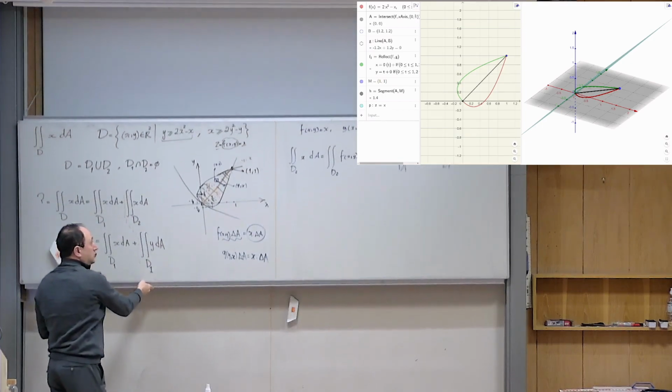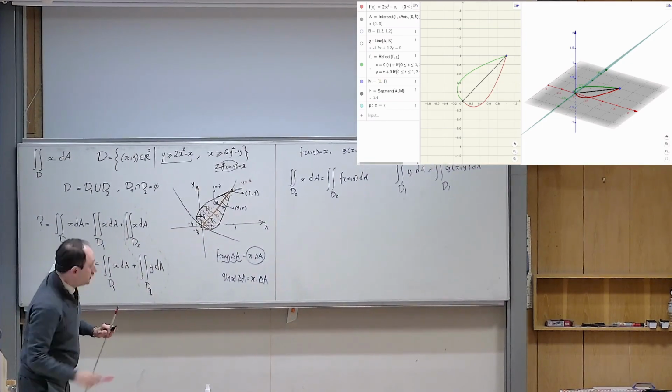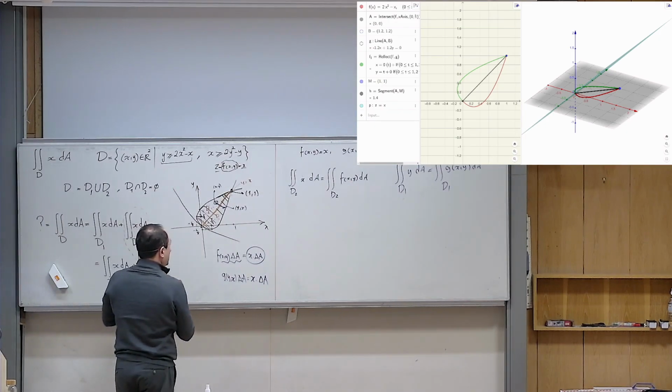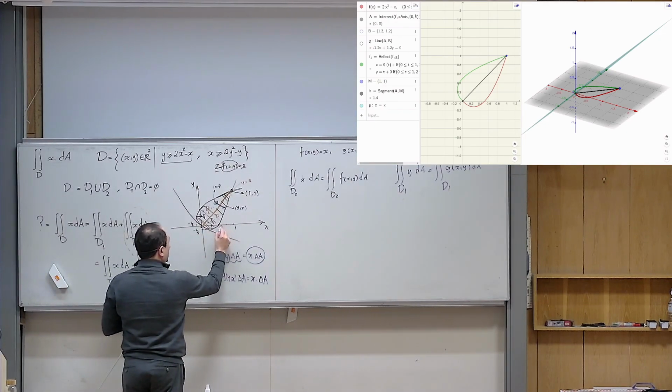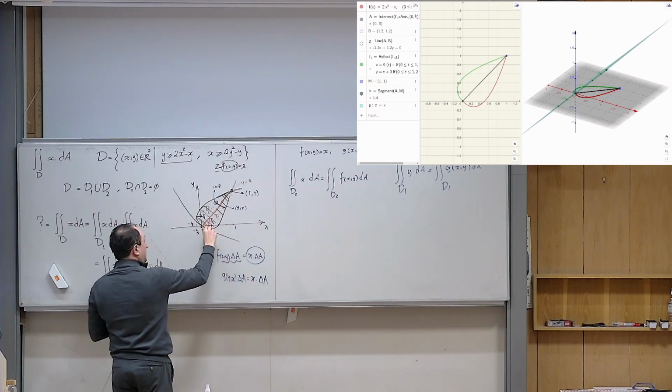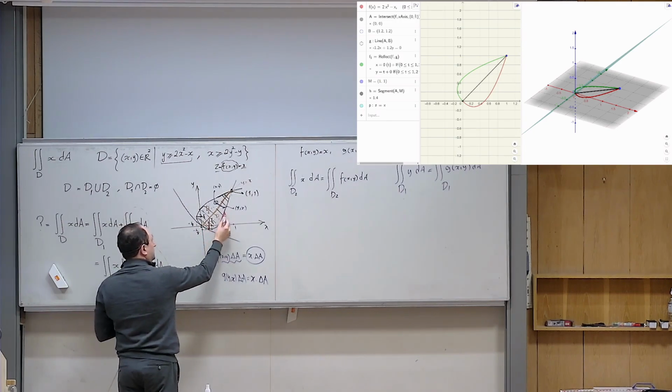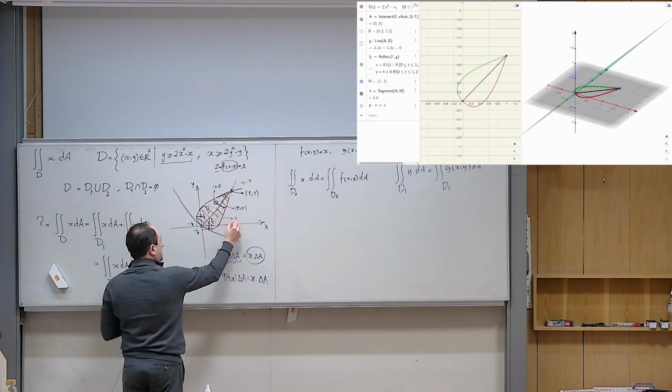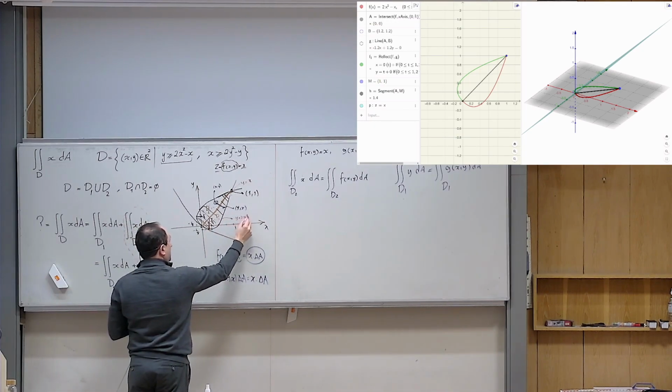So you see, you choose any point here, any point for your x coordinate. For example, let me just take this one. If I go vertically up, you see that one side of that red line is on this curve, which I know its equation: y is equal to 2x squared minus x.